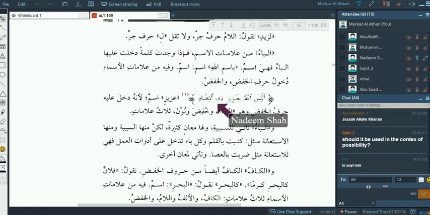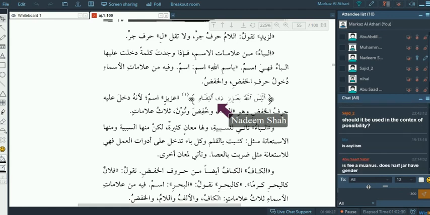It says over here, rubba, many. Rubba rajulin, many a man. Rubba marratin, many a time. And rubbama, sometimes, perhaps, maybe, possibly. Okay. And you have the ayah that was being referred to by some of the brothers.